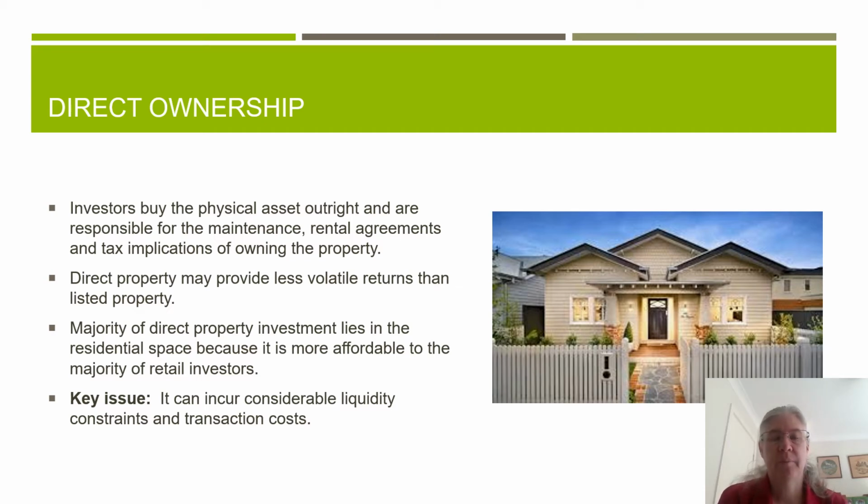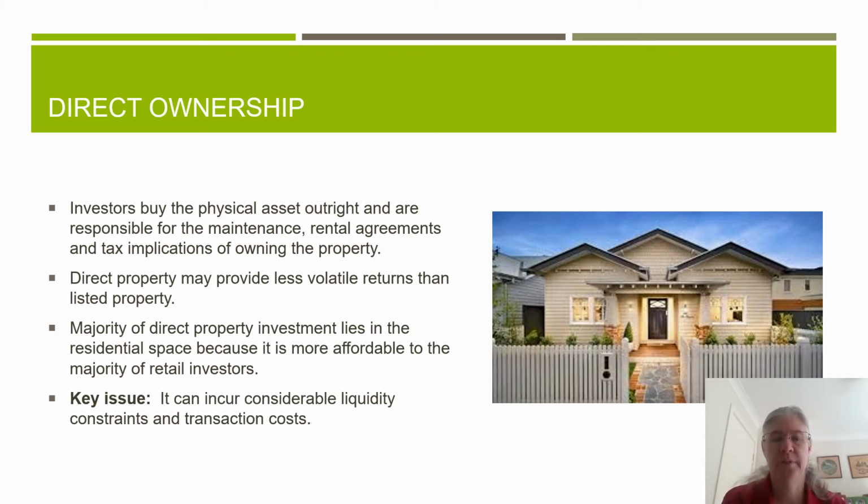Now, direct property may give you less volatile returns than listed. Most of the direct property investment is with buying a residential property. It's a lot cheaper than going and buying, for example, a shop in a shopping centre or a farm or something like that.